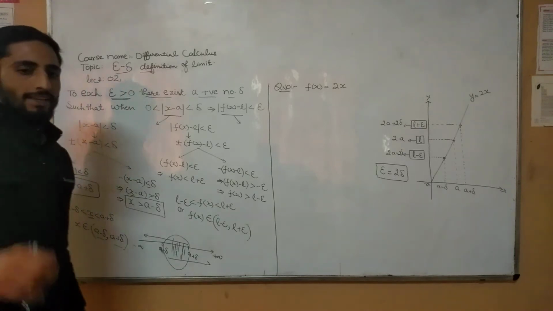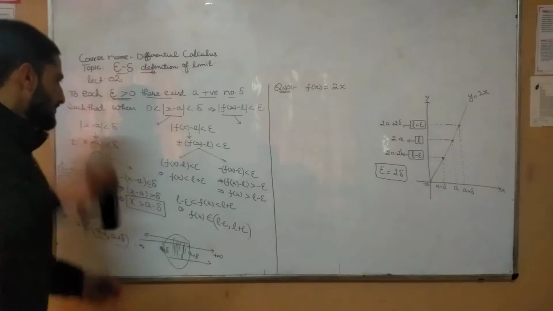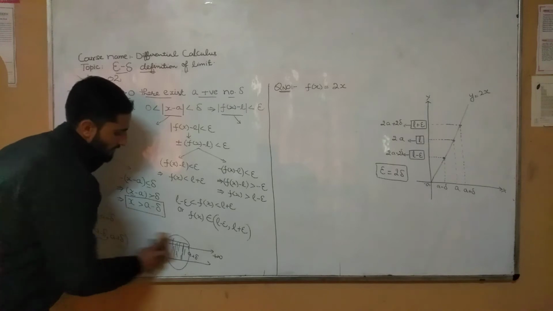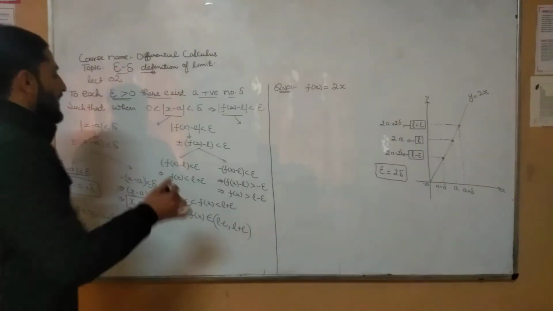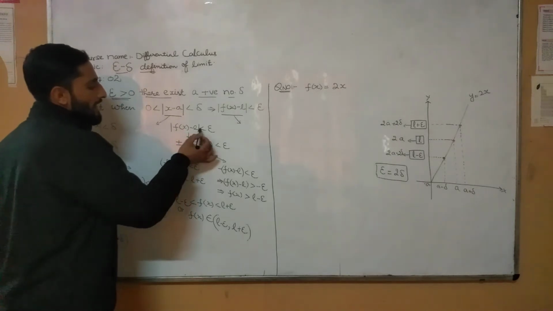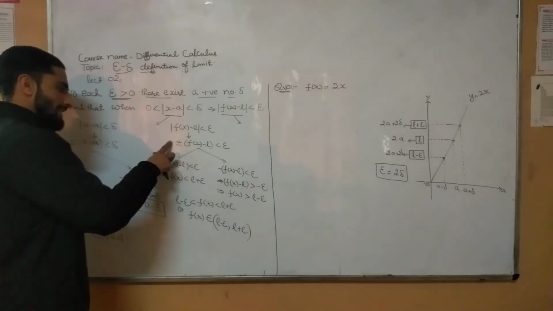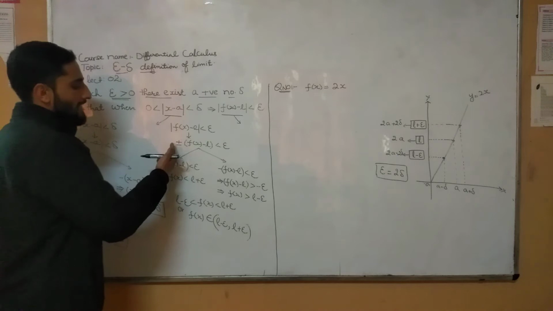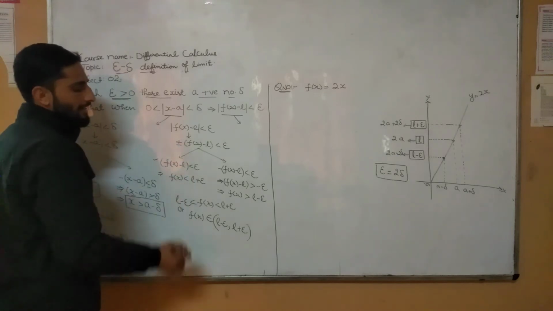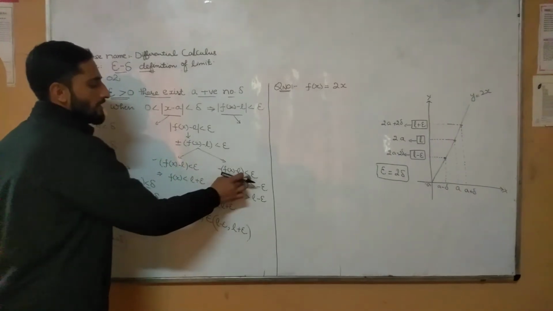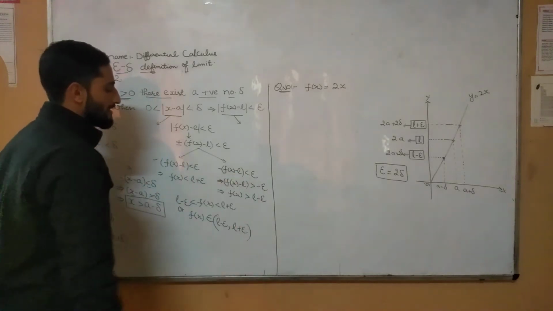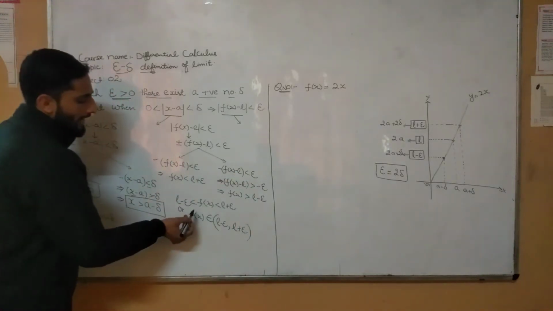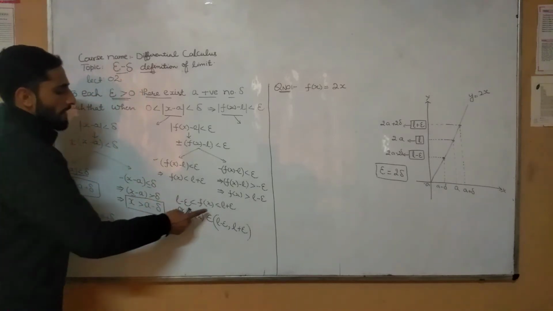Similarly, for f of x minus L, we operate in this form, plus or minus as it is here. We take plus here and negative here. The strict inequality will change, less than changes to greater than. We will find the range of the function.